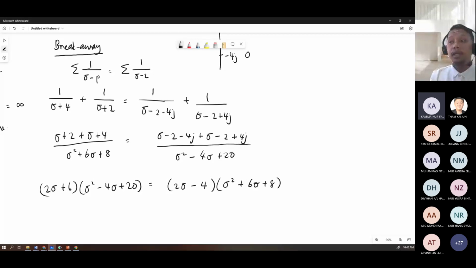Okay, so if your exam is face to face, you have to calculate this on your own lah. No software. So because we are having an online exam, you can use Symbolab. So I'm lazy, I'm using Symbolab.